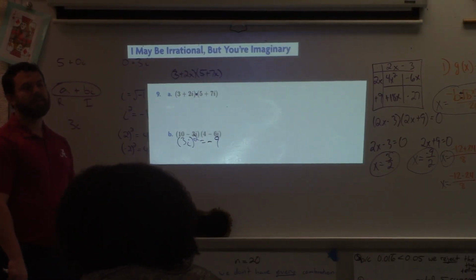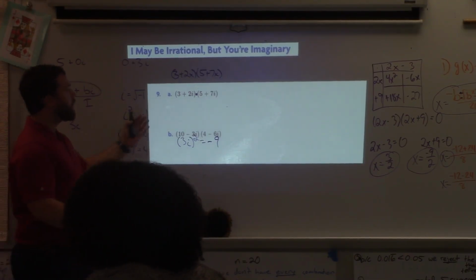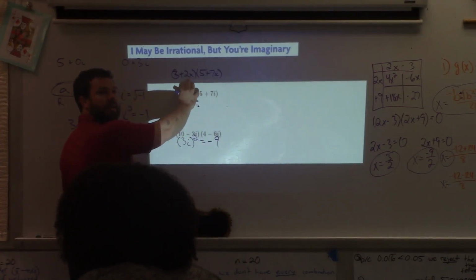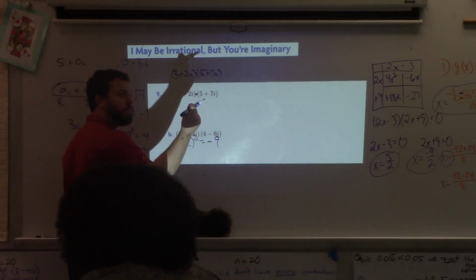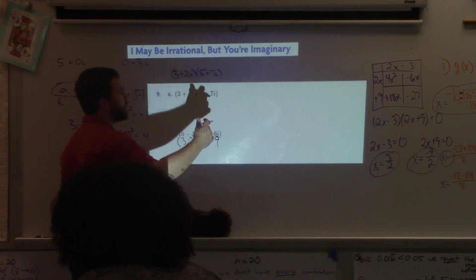What helps me go from a factored form to a standard form? Area model. What helps me go from a standard to a factored? Area model. If I ask you on your test to go from this factored form to standard form, you need to immediately think distribute. And I recommend the area model with distributing.